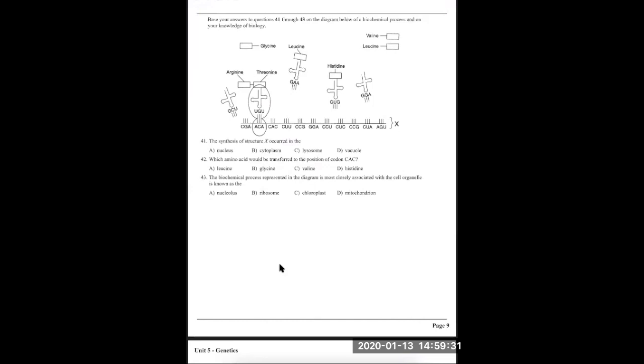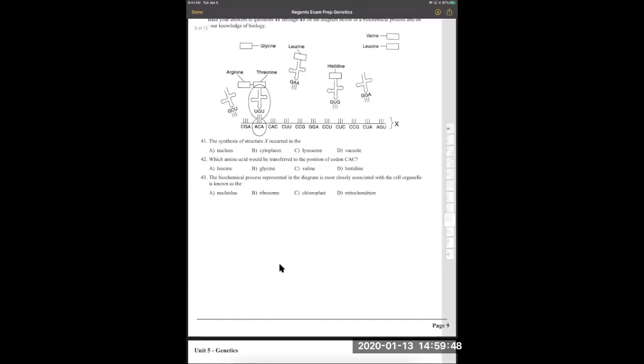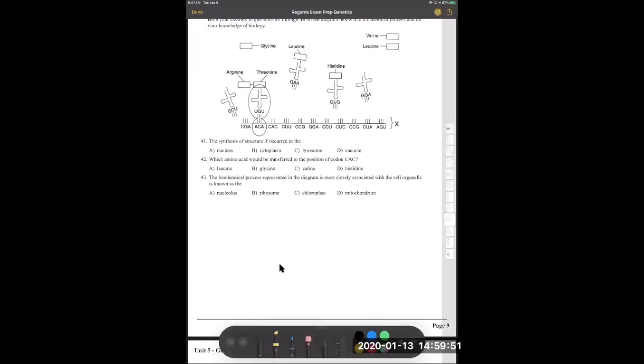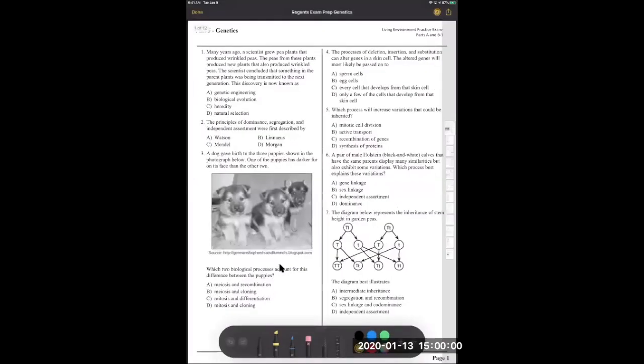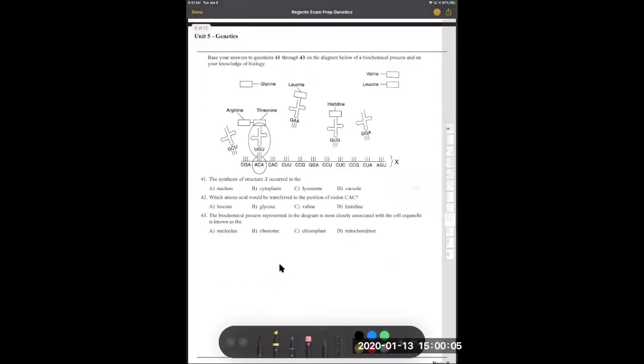Let's read number 41. The synthesis of structure X occurred in the where? Where is X? I'm trying to show you X is right there.